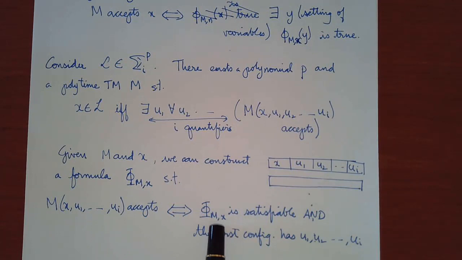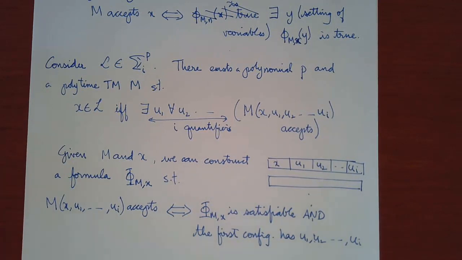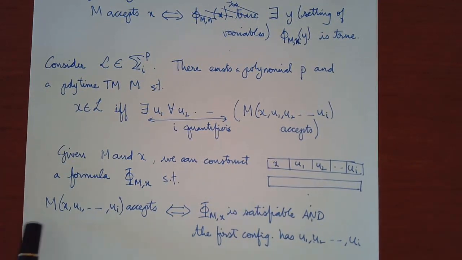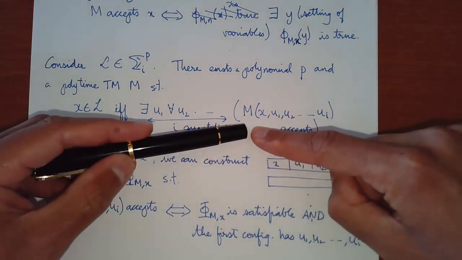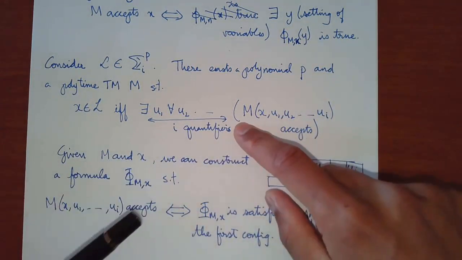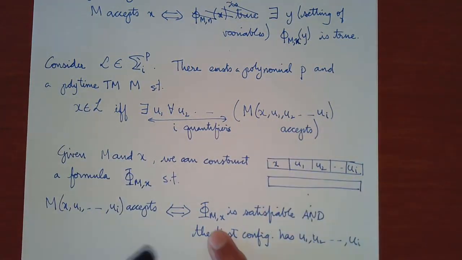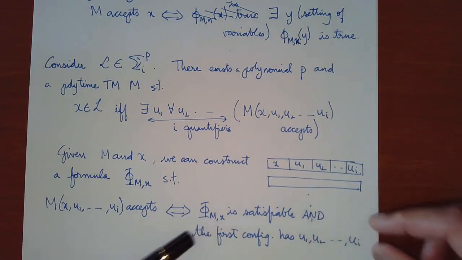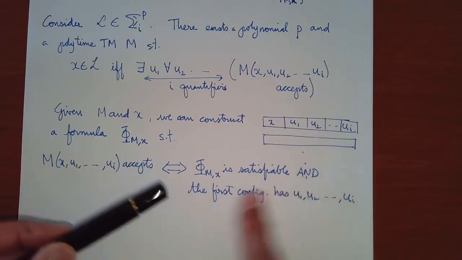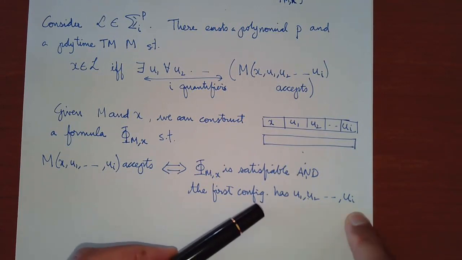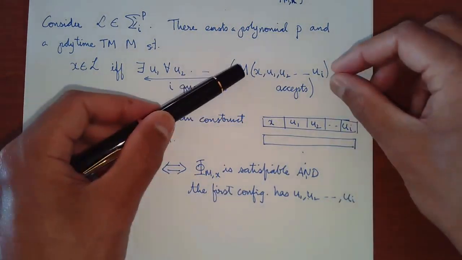And the behavior of this formula on x, u1, u2 up to ui is exactly the same as what M on x, u1, u2, and so on does. So the idea is that instead of using M, you could basically just put this formula. The fact that it's satisfiable, and you just check that the first configuration has u1, u2 up to ui. So you put this formula over there.